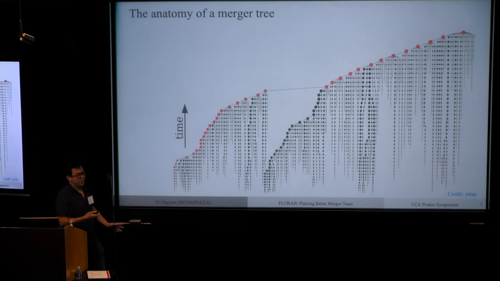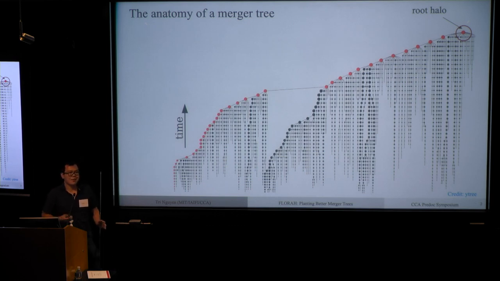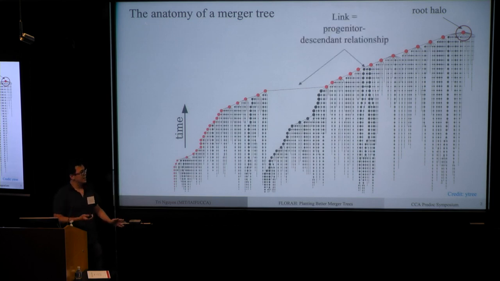So what is the anatomy of a merger tree? How do you describe it? First, you have the root halo. For example, in the case of galaxy mergers in the Milky Way context, where multiple satellite galaxies merge into the Milky Way, the root halo would be the Milky Way. And you have the link, which describes the progenitor-descendant relationship.